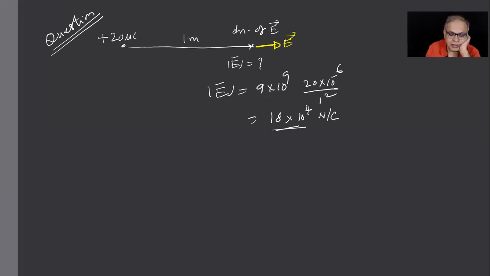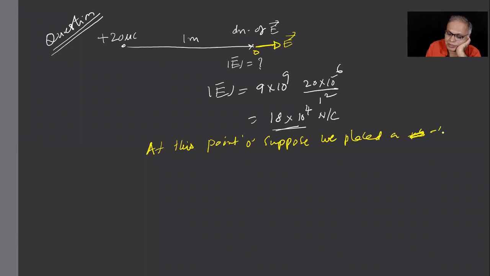All right. Now, at this point O, suppose we placed a minus 5 microcoulombs point charge.